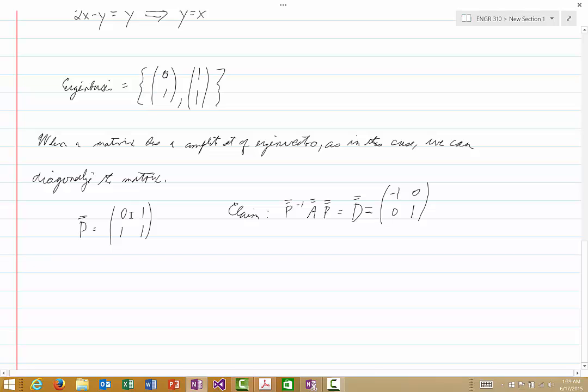But since we chose this P, the claim is that if we calculate P inverse and then multiply it by A and then multiply it by P, we will get this matrix right here.